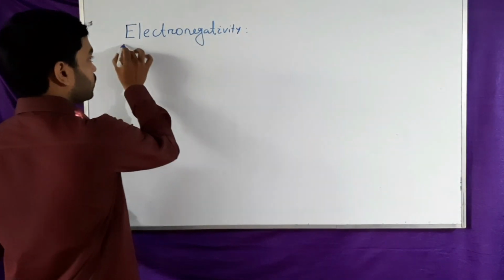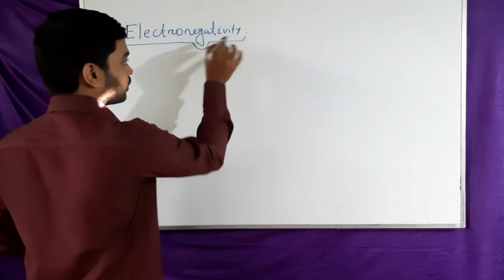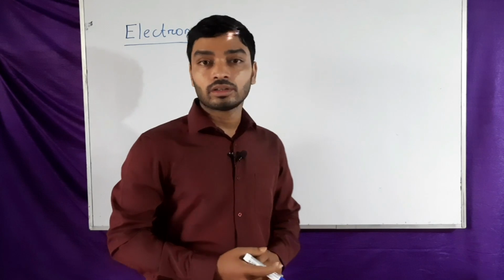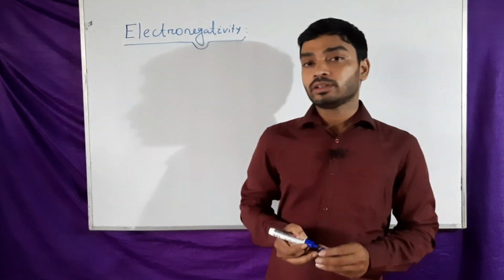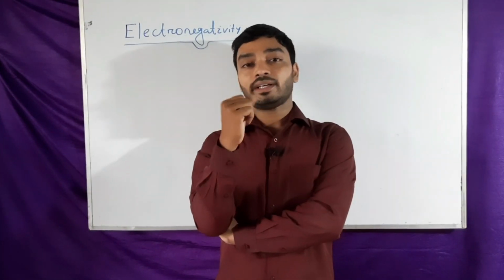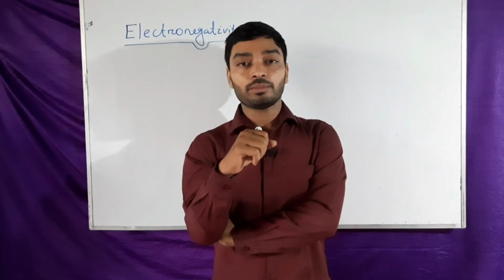So first of all, we should know what is electronegativity. It is one of the periodic properties of an element, which is the tendency of an element to attract the electron pair. Which type of electron pair?